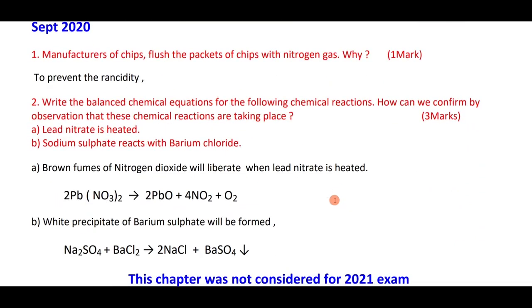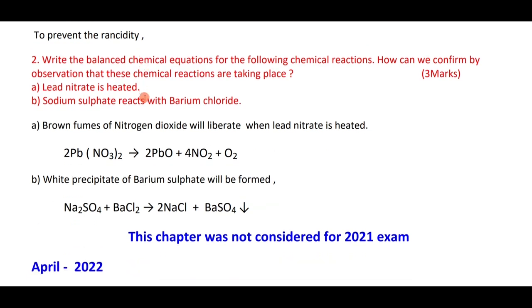Next question. Manufacturers of chips flush the packets of chips with nitrogen gas. Why? To prevent the process of rancidity. Next, write the balanced chemical equation for the following chemical reactions. How can you confirm by observation that these chemical reactions are taking place?